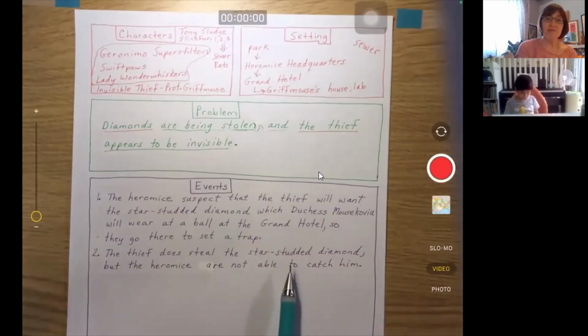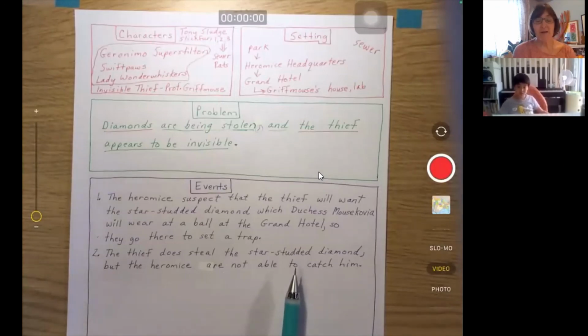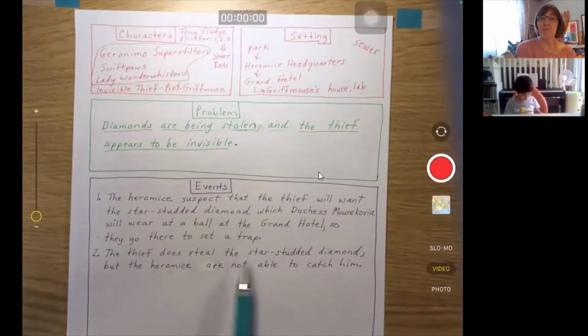The thief got the diamond and the Heromice did not get the thief. This event here, number 2, is not helping to solve the problem, but it is kind of an important event because when we talk next about the invisible camera that they used to figure out who the invisible thief is, that event would not make sense if we don't explain what happened at the Grand Hotel.